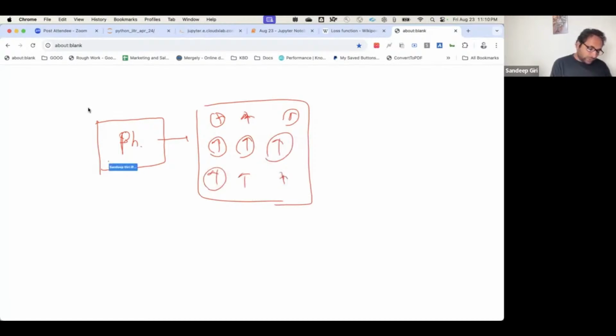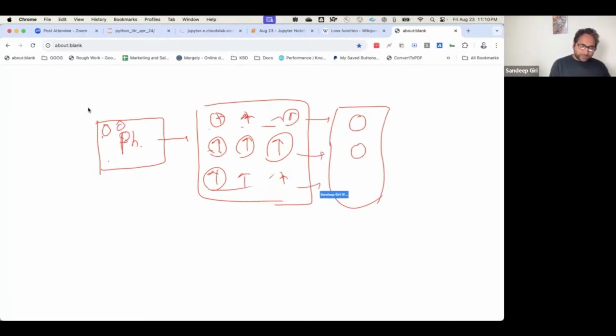Took your photo, multiplied it with these weights, and put the first value in the output. Then took your second pixel, multiplied it with these things, and outputted this. So you can think of it that we are multiplying, dividing, or doing some mathematical operation on your photo and converting your photo into a bunch of numbers.